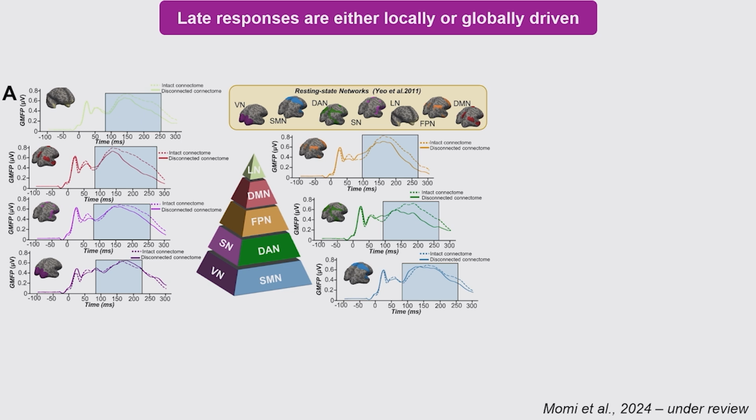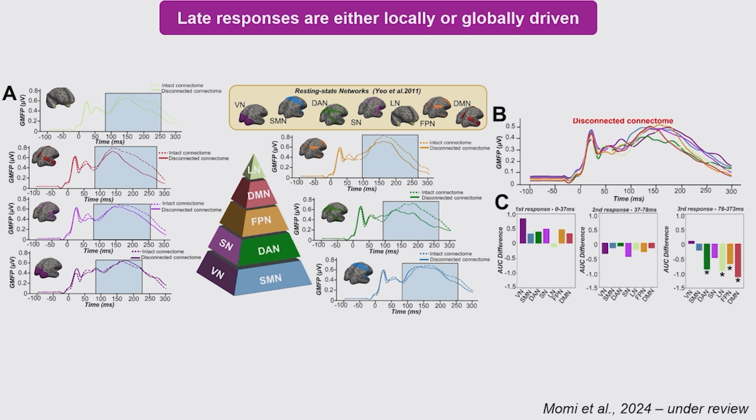On the other hand, if we look at the high-order networks, the top of this pyramid, we found a suppression of the responses, especially the late one, meaning that those responses rely on information that comes from outside the network. So we basically disentangle different strategies that networks have to receive, integrate, and send information, depending on whether they are at the top or the bottom of this pyramid. And just to reiterate, those are the differences in the area under the curve between intact versus disconnected structural connectome.